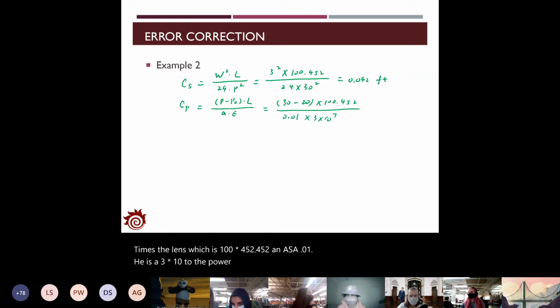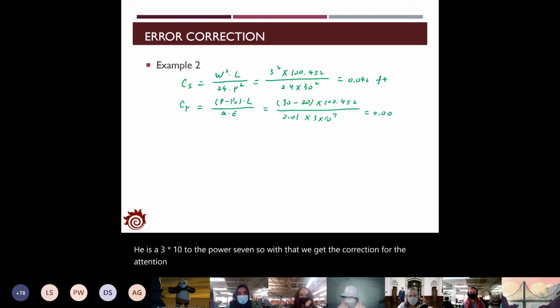With that, we get the correction for the tension as 0.003 feet.